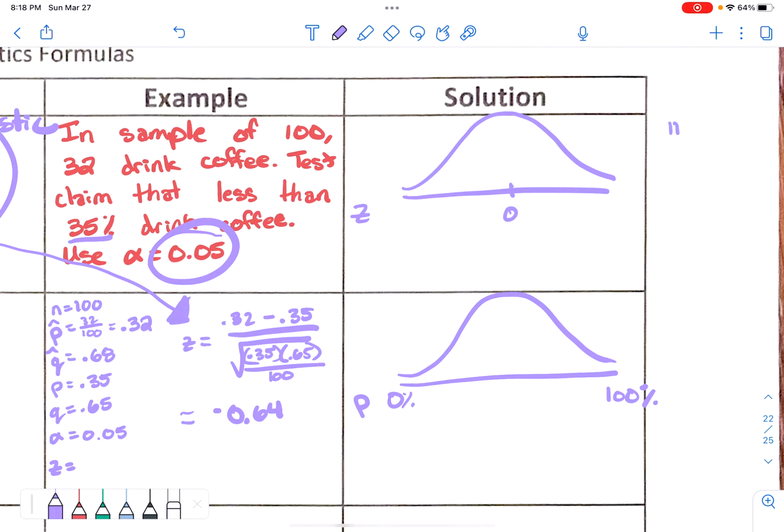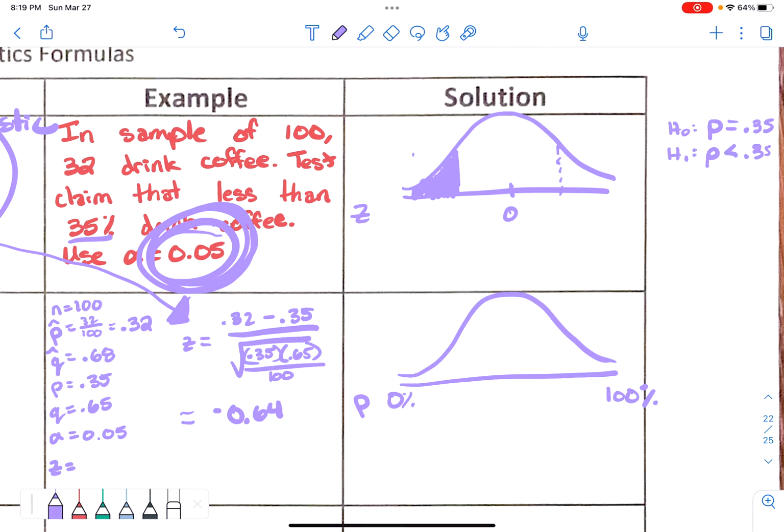So let's do this maybe. H naught, H1. We are saying that p is equal to 0.35 and p is less than 0.35. That's what our hypotheses will be, and we're going to do just one tail then. And we still have an imaginary tail over here. So 5% is my significance level.